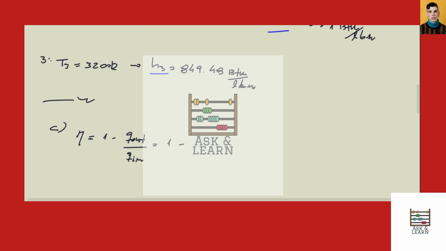So this is 1 minus 464.16 divided by 612.38, which gives us an efficiency of, let's see, 24.2%.